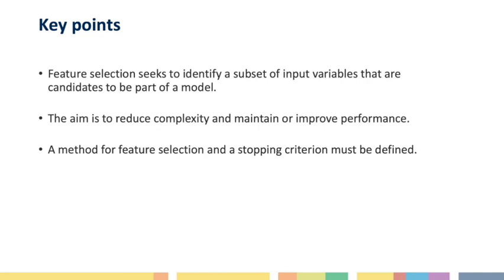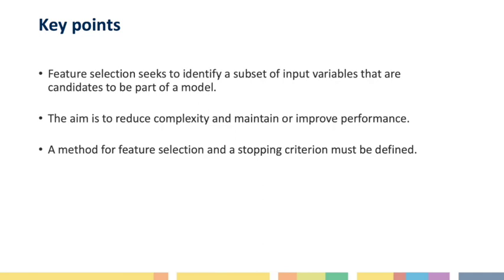Key points for this presentation. The first one is that we were able to define the concept of feature selection as a method that seeks to identify a subset of input variables that are candidates to be part of a model. With this, we would like to reduce complexity and maintain or improve performance by removing variables that are redundant or irrelevant.